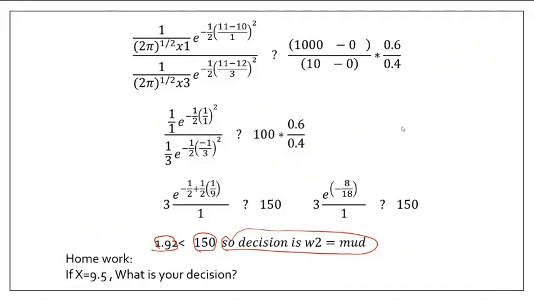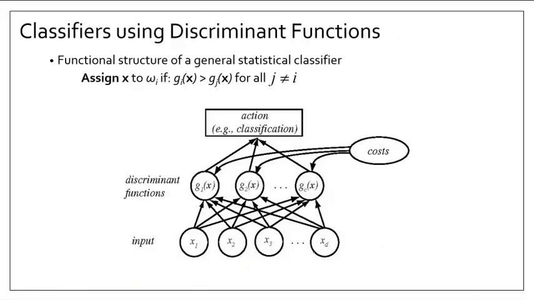If you try this at home later on, if x is equal to 9.5, what is your decision? Road or mud? Now, based on these Bayesian decisions, we can formulate a kind of network which takes the action based on Bayes.